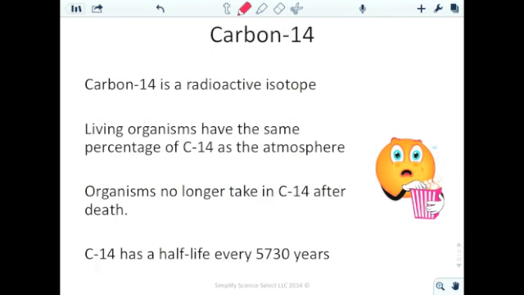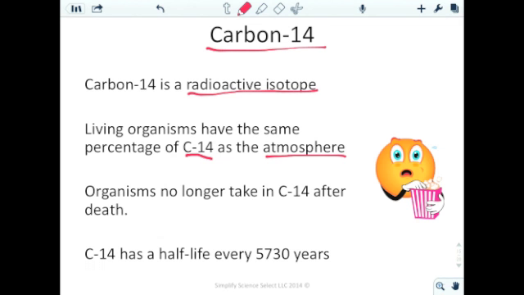Now that we know that our nuclear reactions involve the nucleus, we can jump into carbon-14. Now, carbon-14 is a radioactive isotope, meaning it's constantly going to break down into smaller pieces, into more stable things. And it'll break down radioactively, meaning the nucleus will decay. Now, living organisms have the same percentage of C14 as the atmosphere.